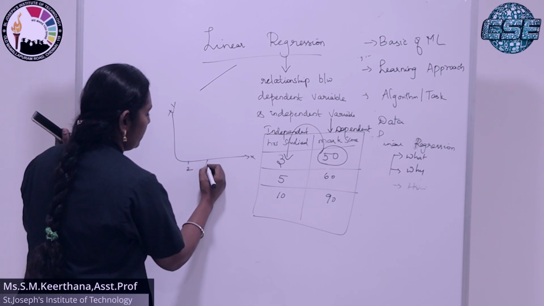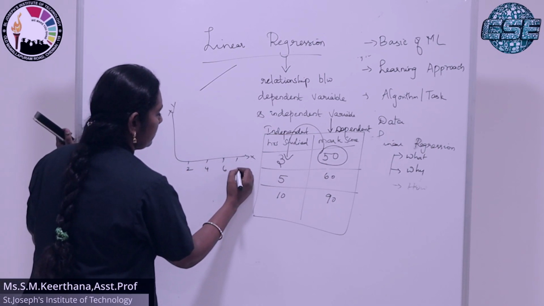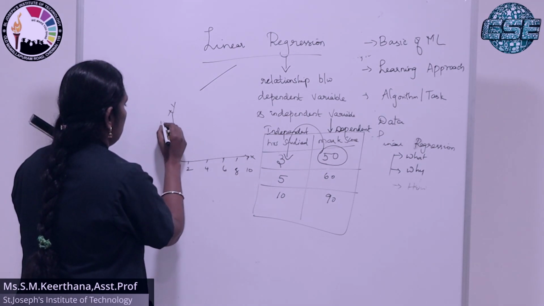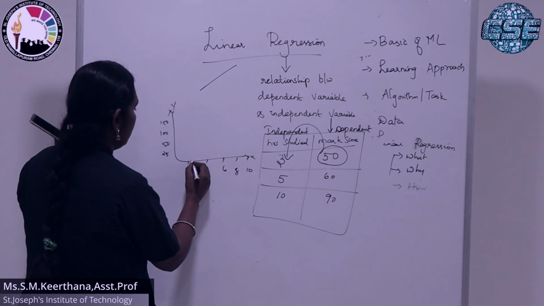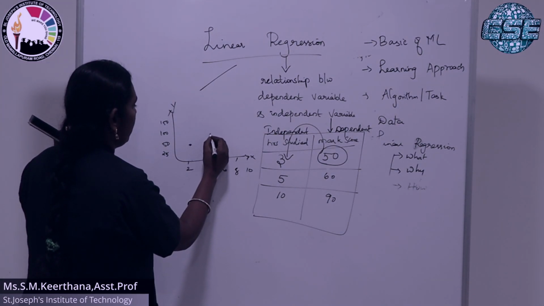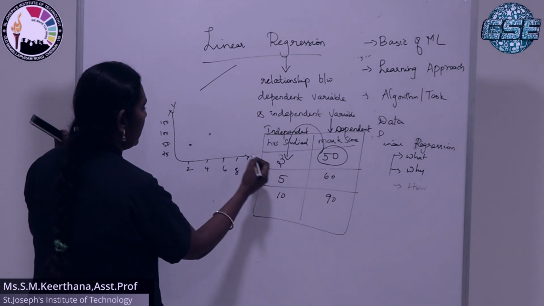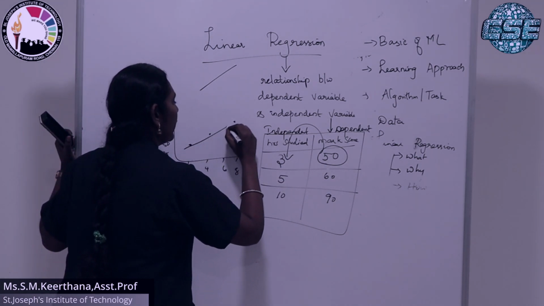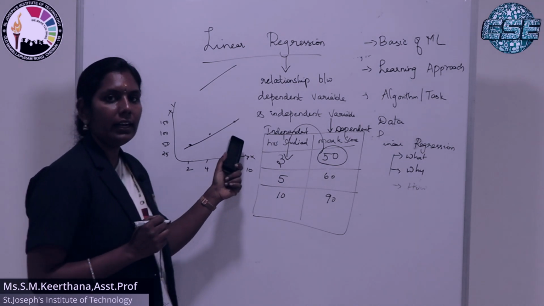I am plotting this: for 3, what am I getting? 50. For 5, what will I be getting? 60, somewhere around here, and for 10 I am getting 90. Keep it somewhere around here. So I am able to join all these points so that I get a line.